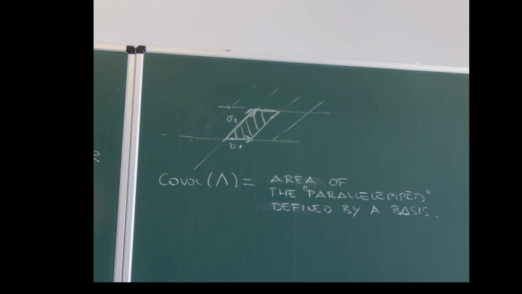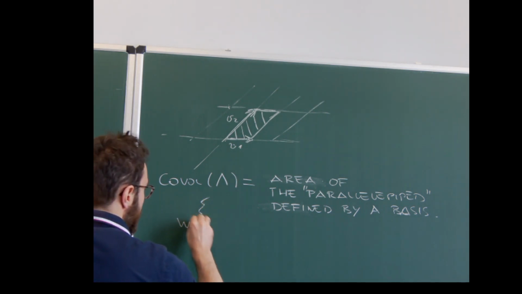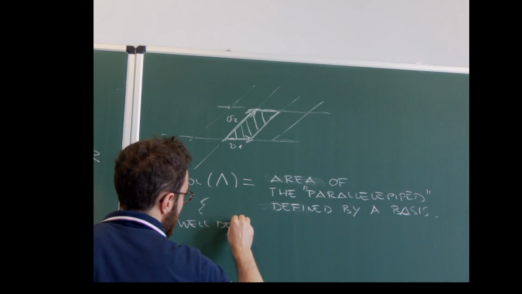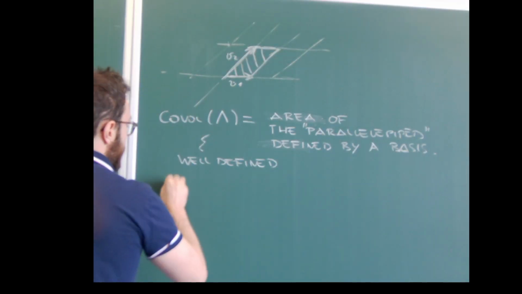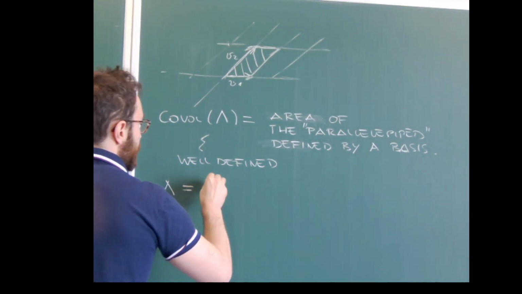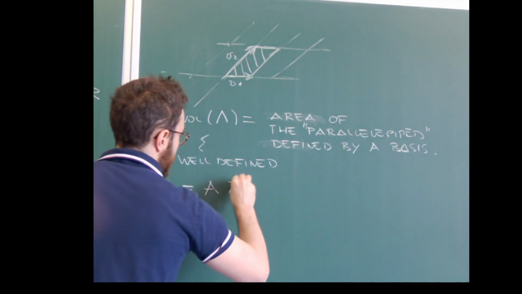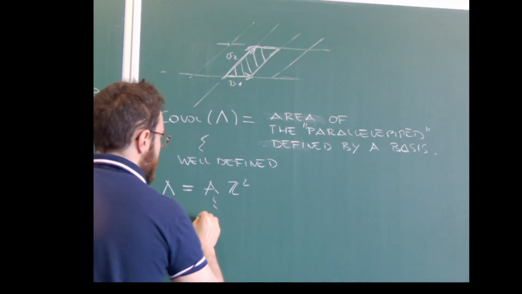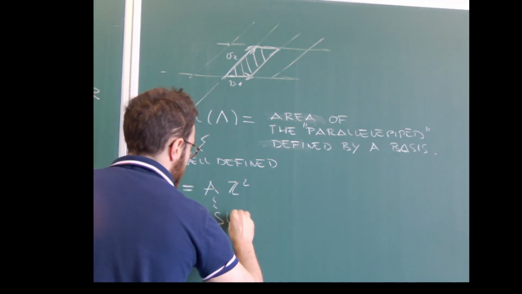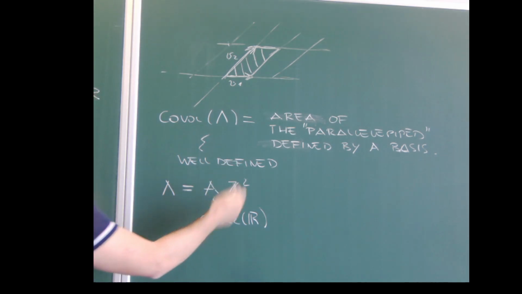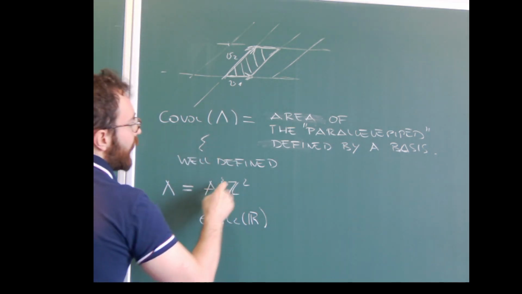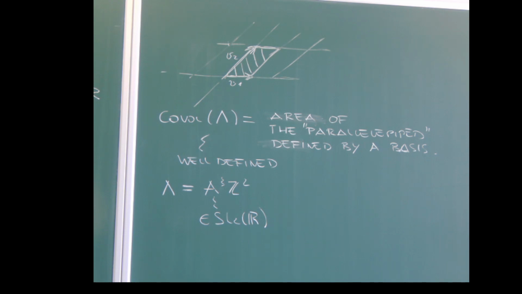Okay, and why is this well defined? Because you can always write lambda as A Z2, where A is some matrix in SL2R, okay? And the only way you can choose a different basis is by multiplying A by a matrix in SL2Z.